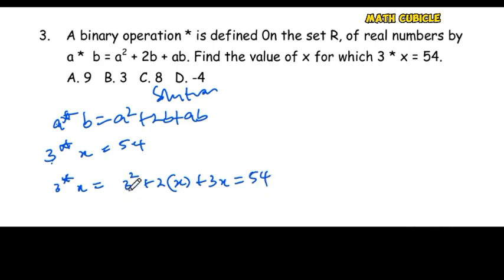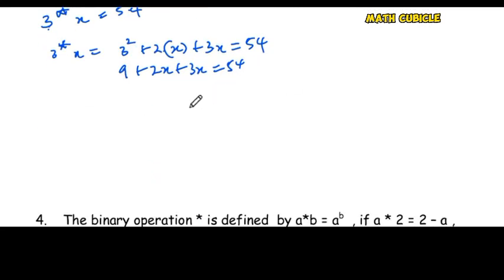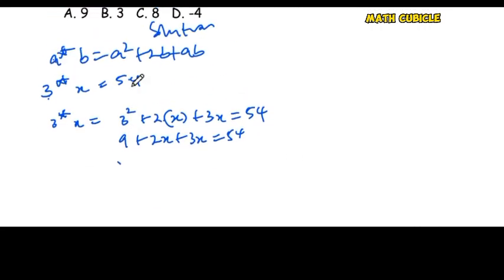So this becomes 3 squared is 9, plus 2 times x is 2x, plus 3 times x, of course 3x, is equal to 54. So this becomes 9 plus 2x plus 3x is 5x is equal to 54.